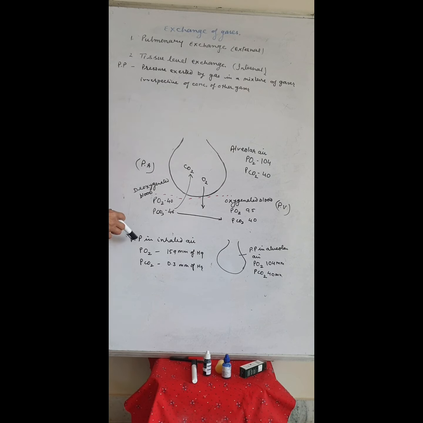The partial pressure of oxygen in the inhaled air is 159 mm of mercury, and the partial pressure of carbon dioxide is 0.3 mm of mercury. As we already discussed, oxygen or carbon dioxide always move from high partial pressure to low partial pressure.